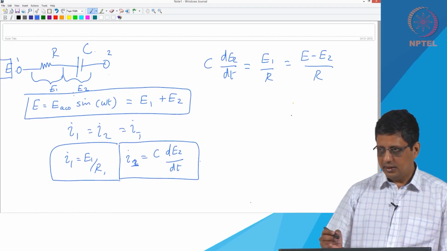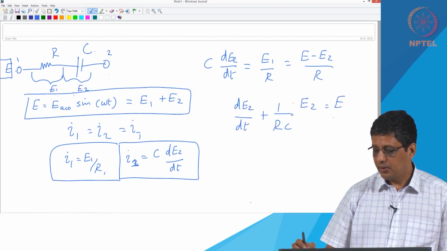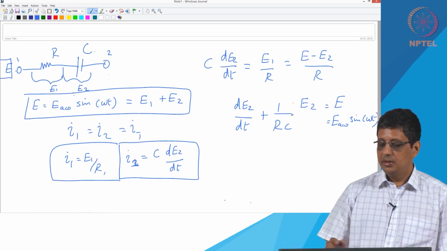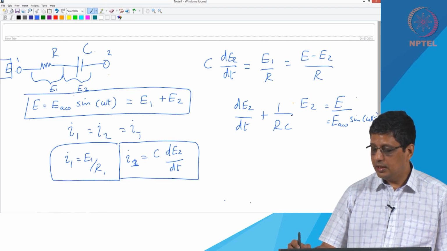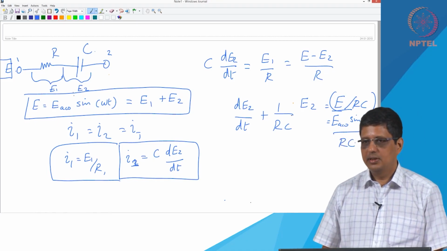I can rearrange it and get it as an equation dE2 by dt plus E2 by RC. So, when I move this here, I will get 1 by RC, E by RC, and this is correct.